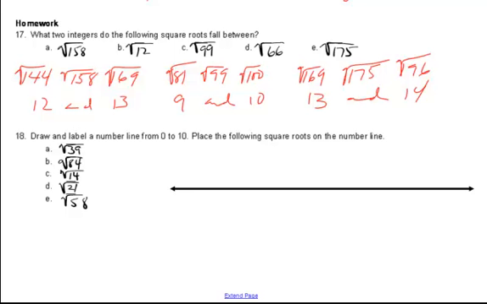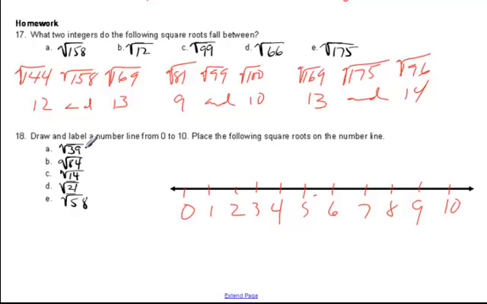Okay. Let's make our number line. 0, 1, 2, 3, 4, 5, 6, 7, 8, 9, 10. Okay, so let's just do this now by memory. The square root of 39 is between what two perfect squares? 25 and 36. 25, 49.